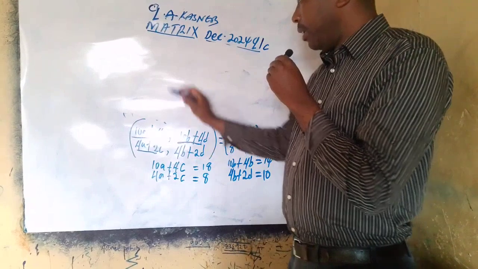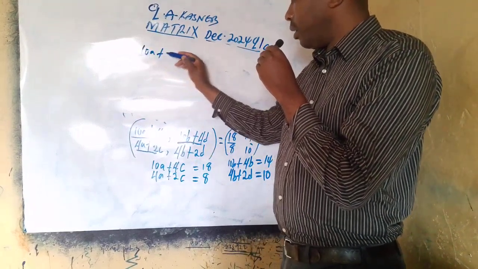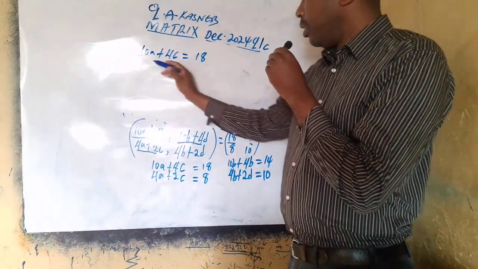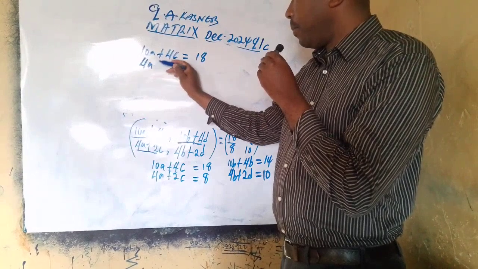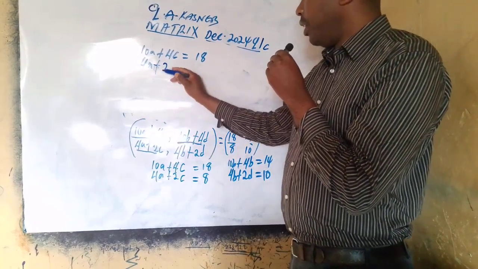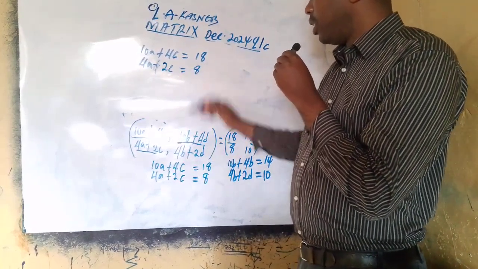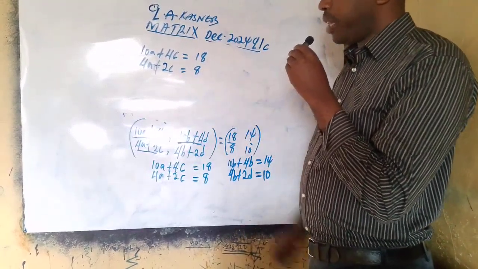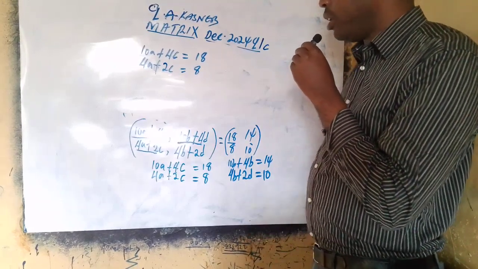Now, let's solve this one. We have 10A plus 4C is equal to 18. And we have 4A plus 2C is equal to 8. We can use either elimination method, we can use substitution method.